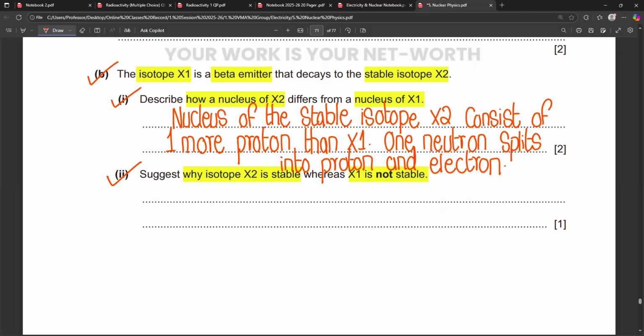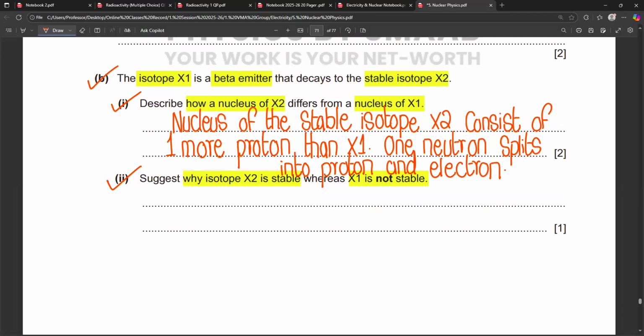So basically, if we talk about X2, X2 has less number of neutrons because one neutron converts into one proton and one electron.